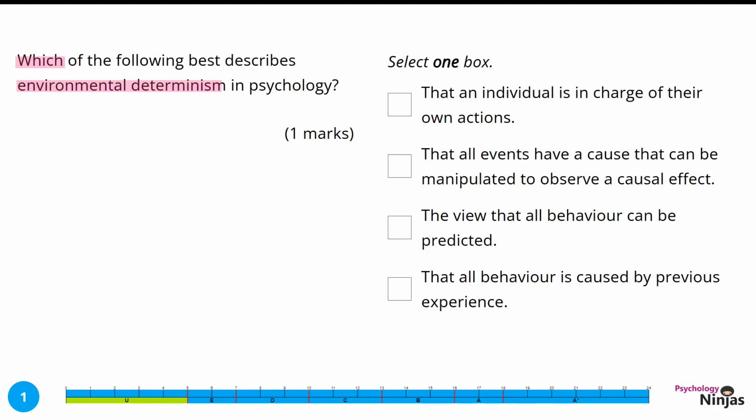So when we're talking about determinism, we're suggesting that all behaviour has a cause and effect relationship, and that by determining the causes, we can then predict effects. When we're talking about environmental determinism, we're thinking about previous experiences determining that cause and effect relationship. So we need to select the last one, that all behaviour is caused by previous experience.